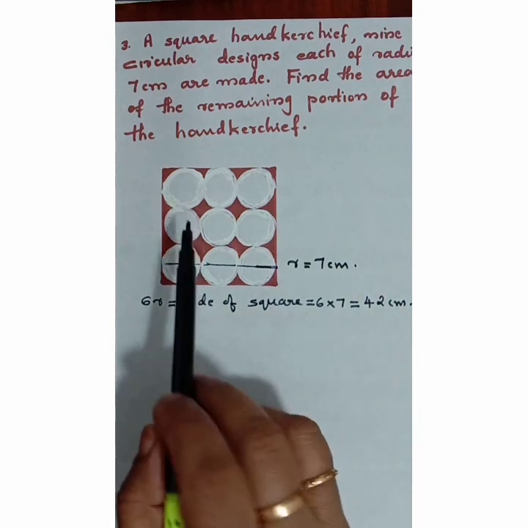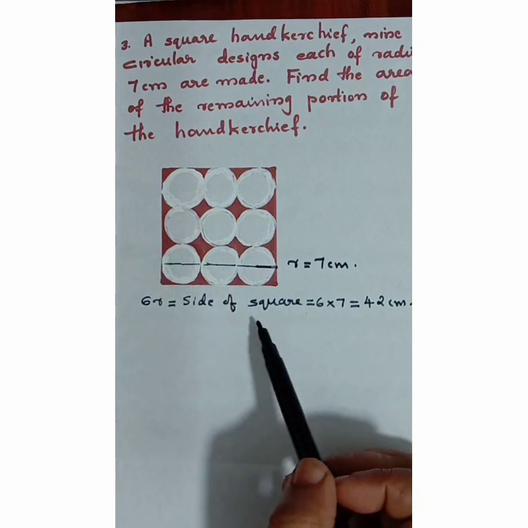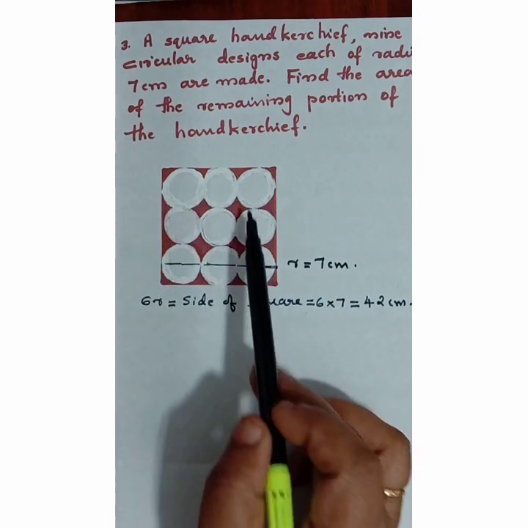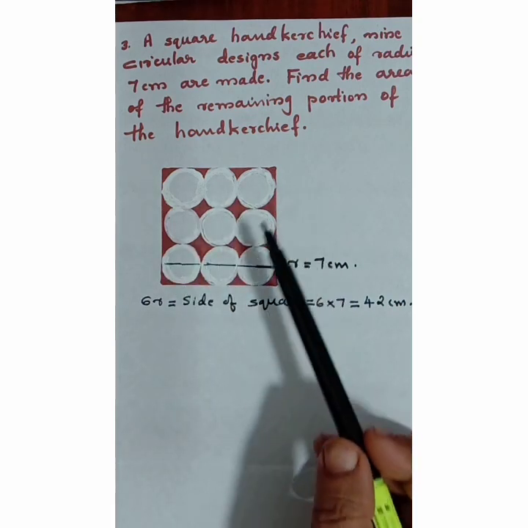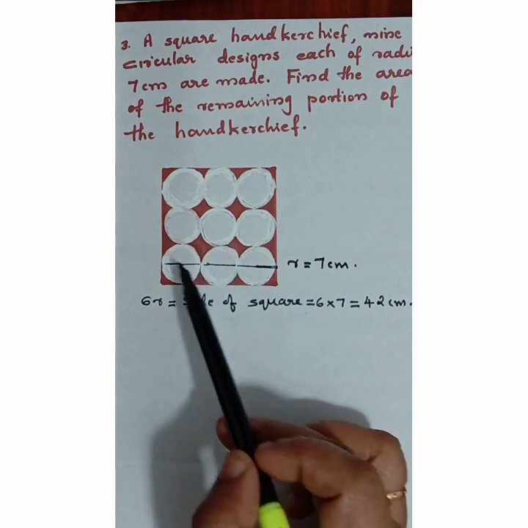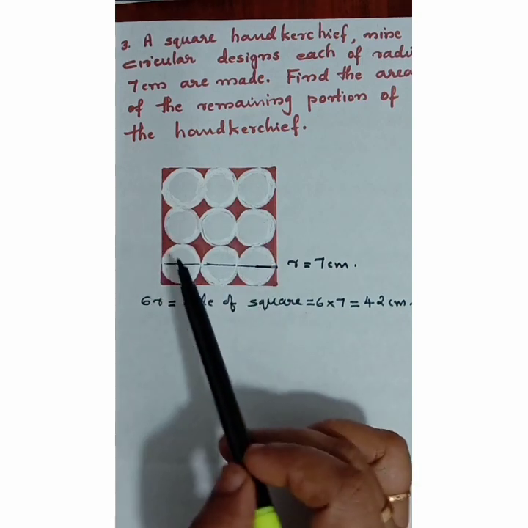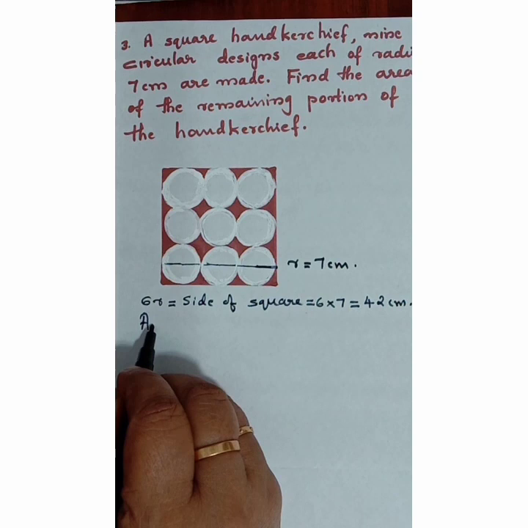So from area of the square, if you subtract area of these 9 circles, you will be getting area of the remaining portion or shaded area. How to get area of the shaded portion? That is area of the square minus area of 9 circular portions.